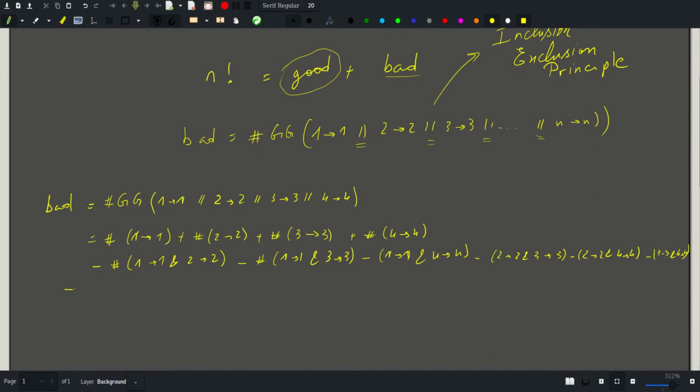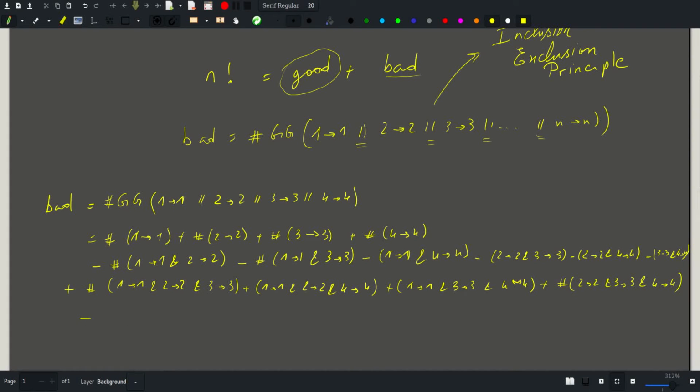So let's carry on. We will add the number of ways where 1 maps to 1 and 2 maps to 2 and 3 maps to 3, plus the number of ways where 1 maps to 1 and 2 maps to 2 and 4 maps to 4, plus the number of ways where 1 maps to 1 and 3 maps to 3 and 4 maps to 4, and finally plus the number of ways where 2 maps to 2 and 3 maps to 3 and 4 maps to 4.